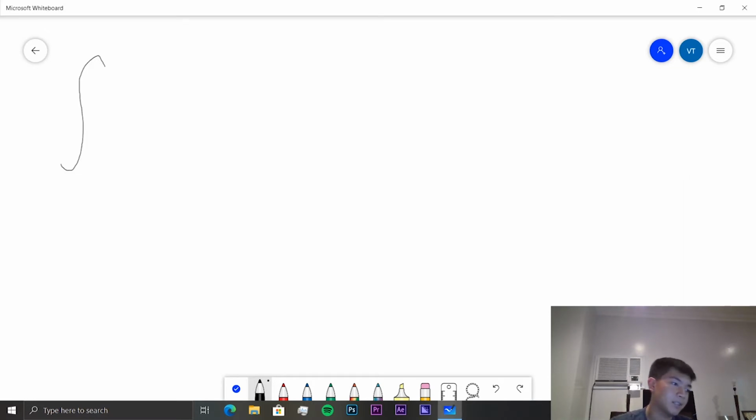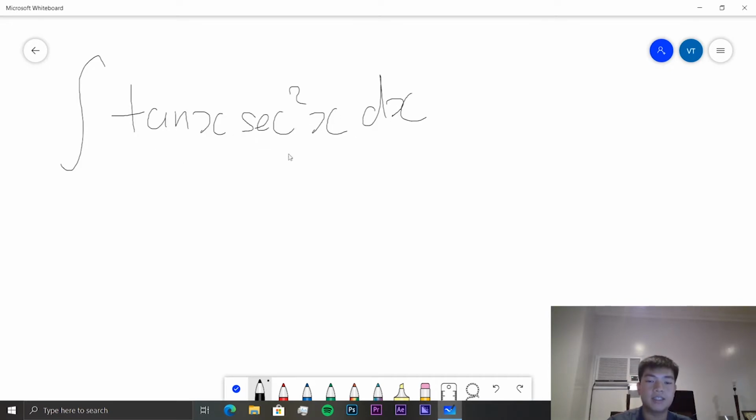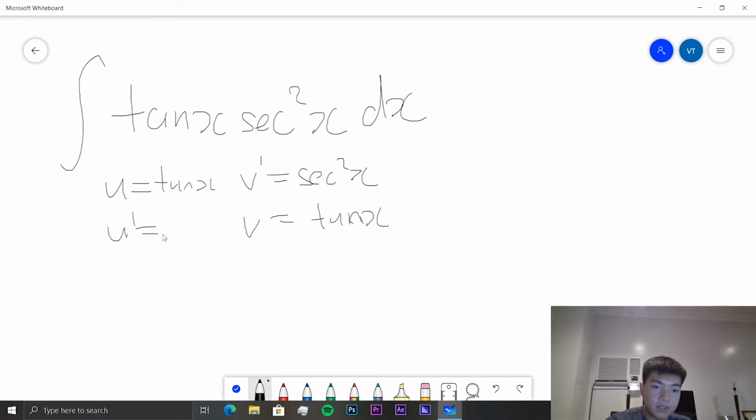Use cyclic integration by parts to find the following. The first one is the integral of tan x secant squared x dx. So we need to integrate this by parts. I'm going to pick this one as a derivative, and so this is tan x, so u is equal to tan x, u prime is equal to secant squared x.